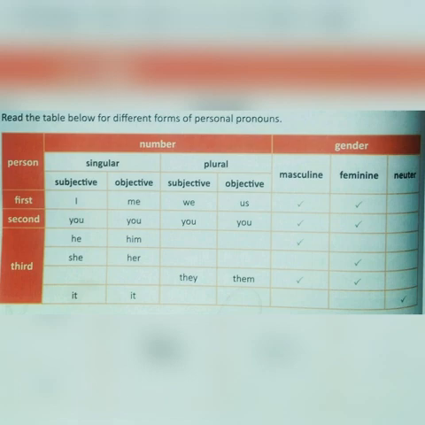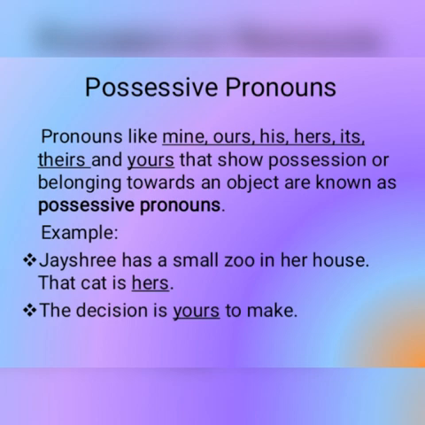For second person you'll say you, and for objective also you'll say you. For plural it's the same. In third person, if the subjective is he, then the objective becomes him, and for she it becomes her. For they it becomes them, and it remains the same. Students, you need to keep in mind this table while writing a sentence.